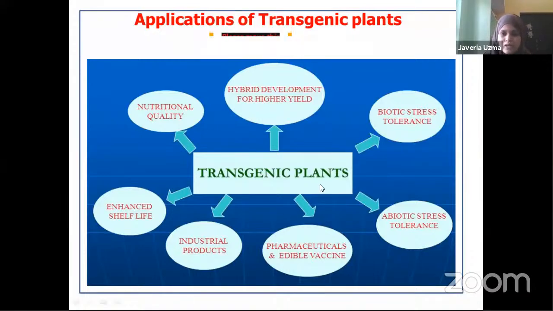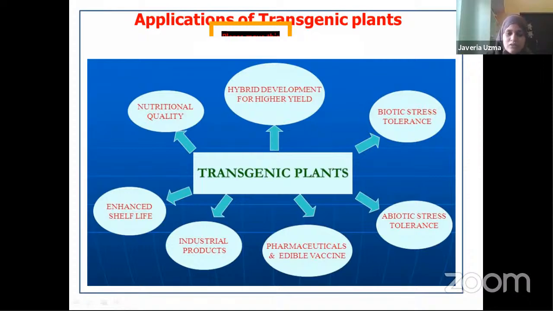Then with the help of transgenic plants, you can also produce pharmaceuticals and edible vaccines. Like vaccines you can produce using plants. This will reduce the cost of manufacturing vaccines, because now vaccines are manufactured in huge bioreactors in factories and industries, which cost you more. And with the help of transgenic plants, you can grow your vaccines directly in farms.